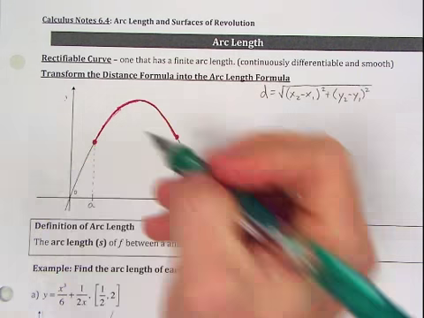So this point would be x sub 0, comma, y sub 0. This point would be x sub 1, comma, y sub 1. This point, x sub 2, comma, y sub 2. And then our last point will be x sub n, comma, y sub n.